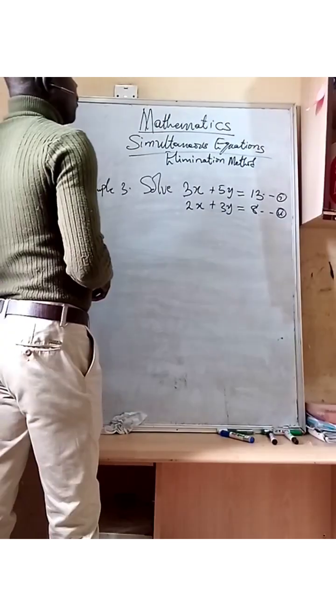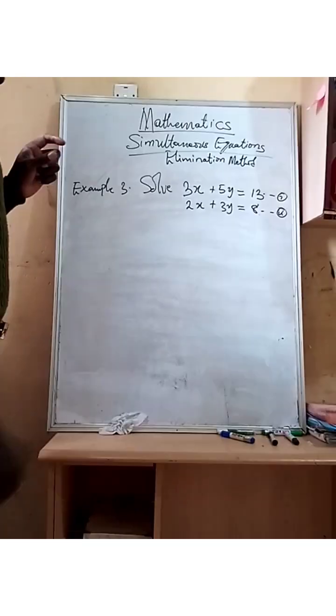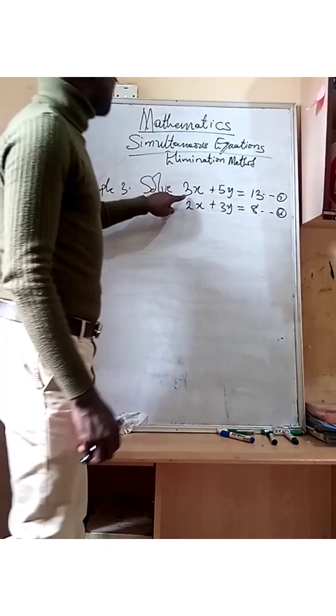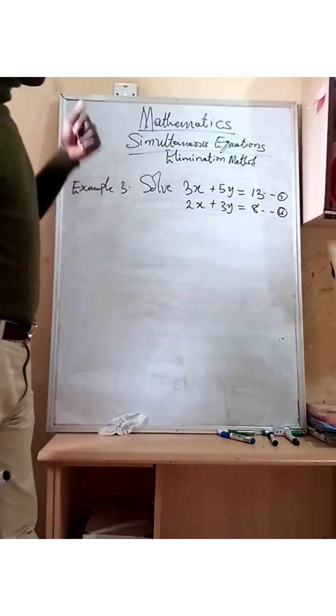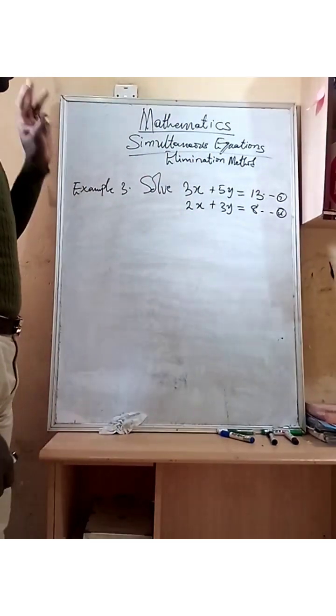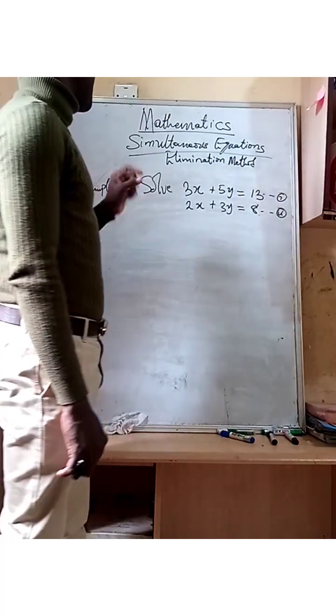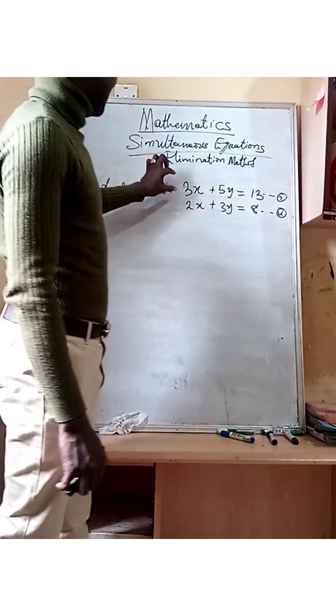Of course, if we have something like this, the first thing we observe, like I said, is that we do not have equal coefficients for any of the variables in both equations. Neither of the variables has a coefficient of 1 in equation 1.